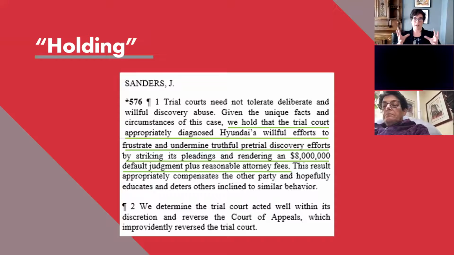And so when you find these cases, you need to look at the facts of each case and figure out, based on these facts, it goes into the monetary sanction bucket. From these facts, it goes into the continuance bucket. From this case, it goes into the strike pleadings and default judgment bucket. And there you will find the analogous cases, the distinguishing cases, the contours of what this discovery sanction rule really means.